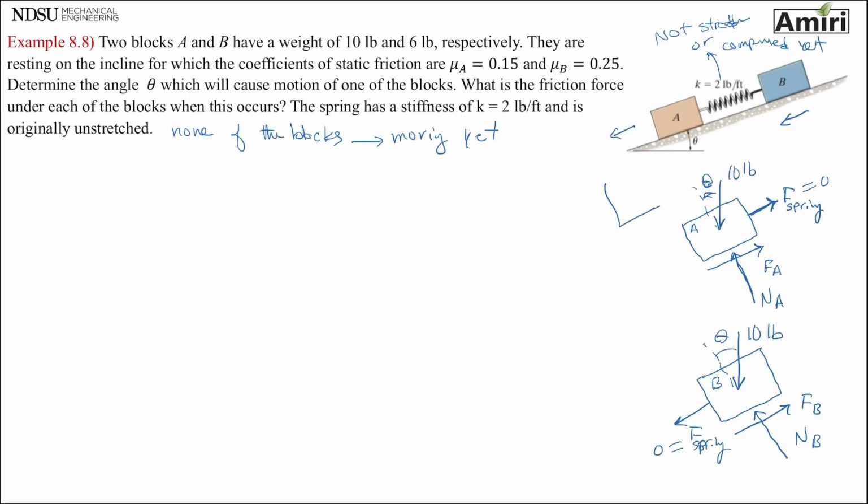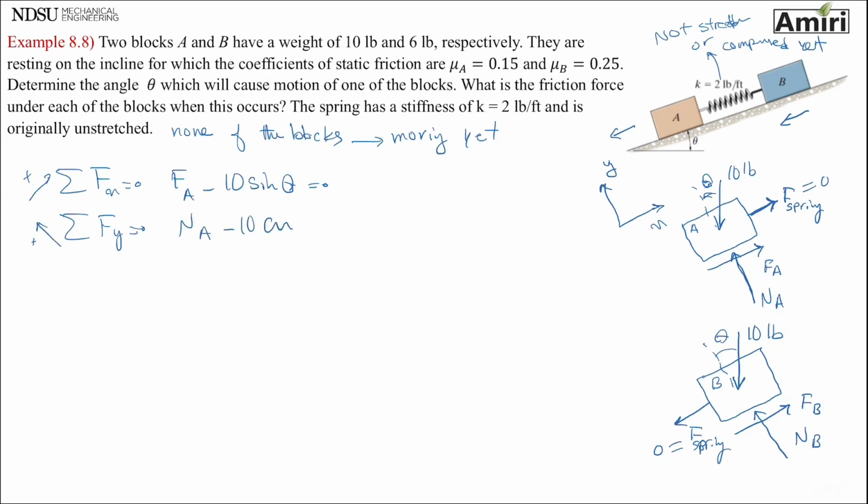So for problems like this, I told you to have x and y rotated a little bit. Summation of forces in x being 0: Fa minus 10 sine theta equals 0. Summation of forces in y being 0: Na minus 10 cosine theta equals 0.